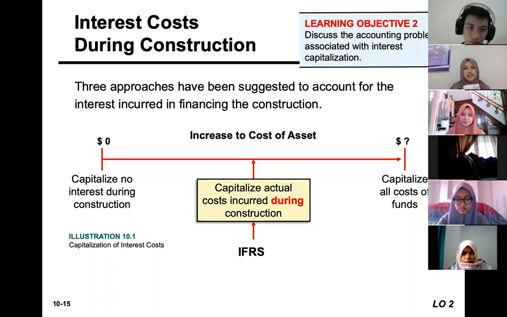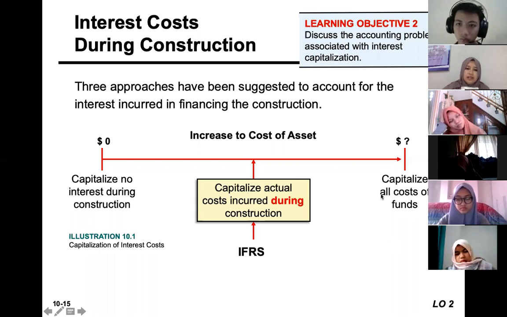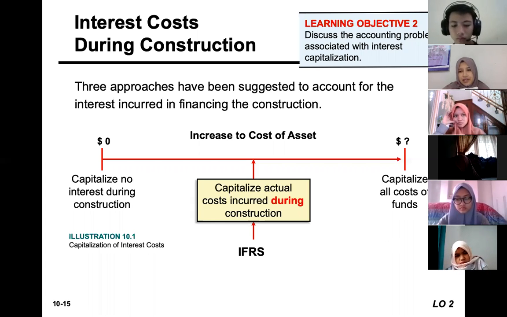Meanwhile, the majority, including the IFRS, use the moderate approach, which is to capitalize only the actual interest cost incurred during the construction. What does it mean by capitalizing all interest costs? It also needs to calculate the interest on equity financing, not only the debt financing.